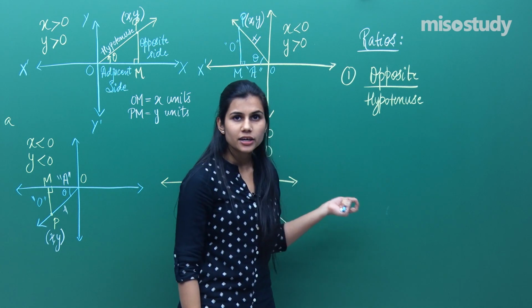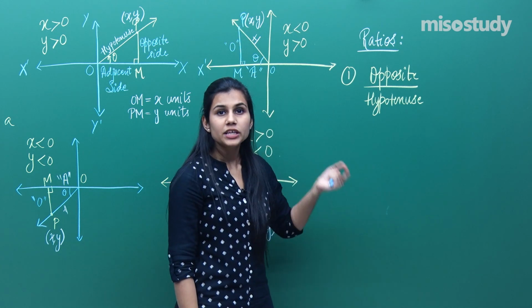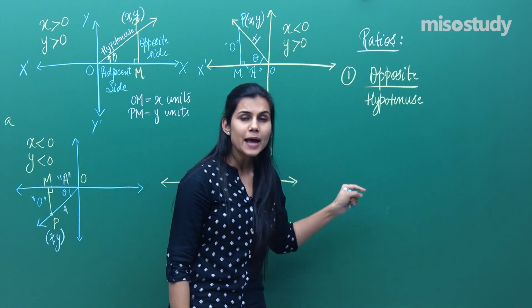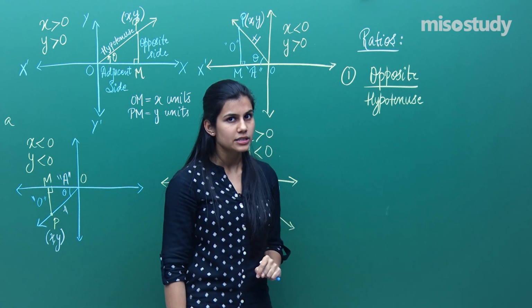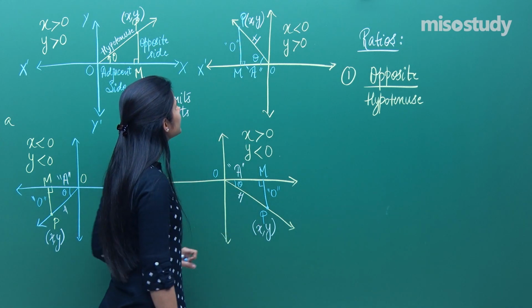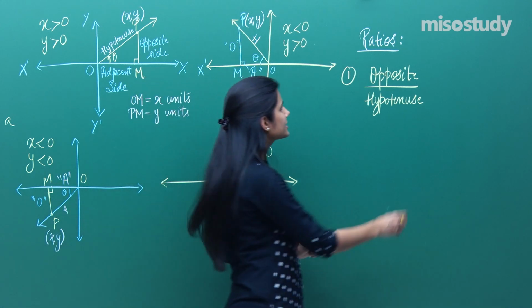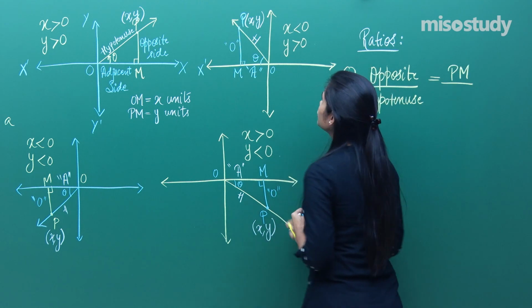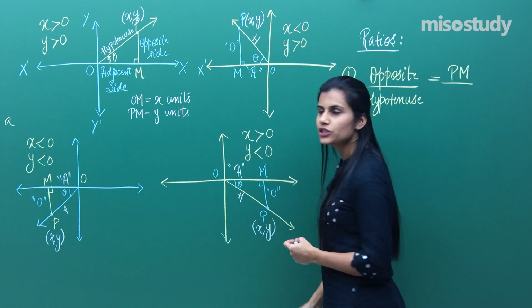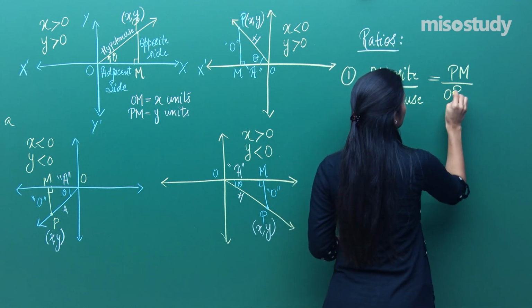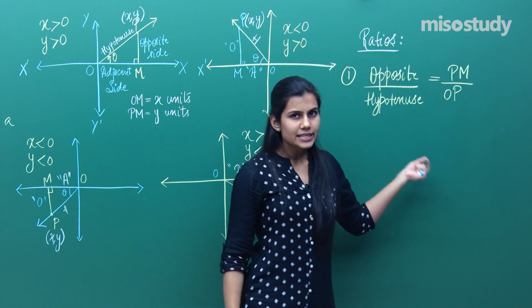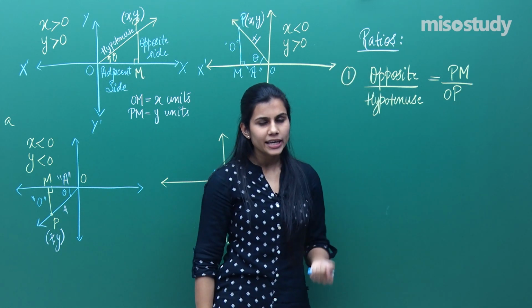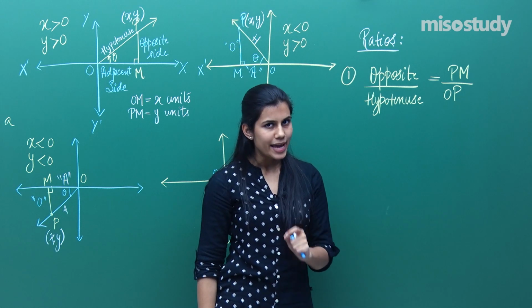That means over here you need to take the ratio of the opposite side of the triangle of reference with the hypotenuse of the triangle of reference. In every case, the opposite side is represented by the side PM and the hypotenuse is represented by the side OP. So in the very first case, I am taking the ratio of the side PM with the side OP of the triangle of reference OMP.